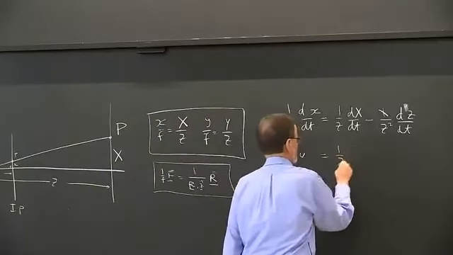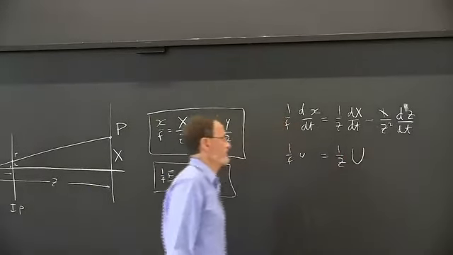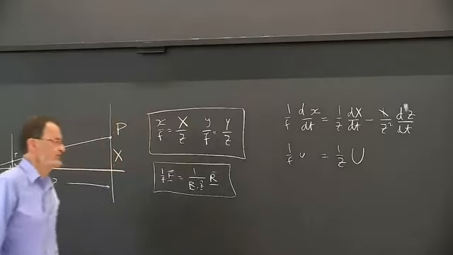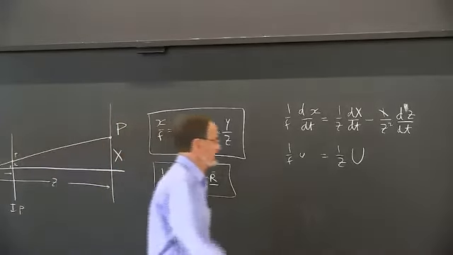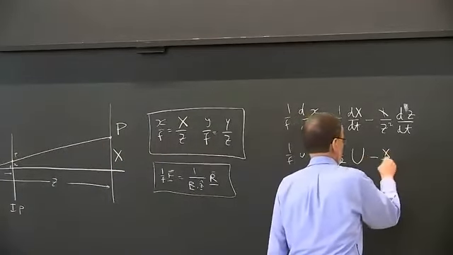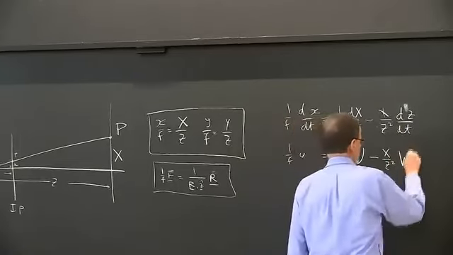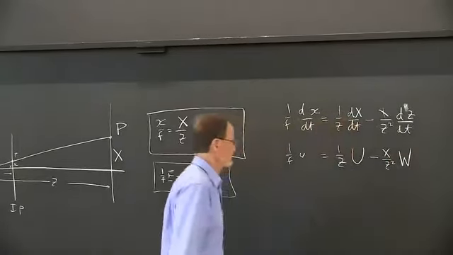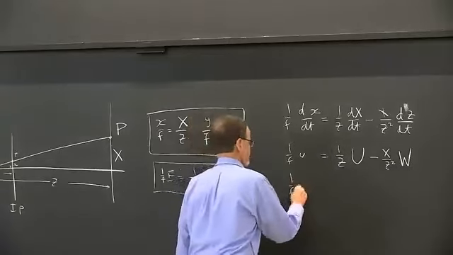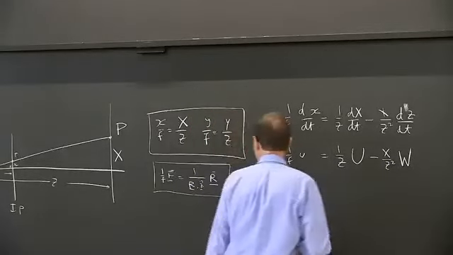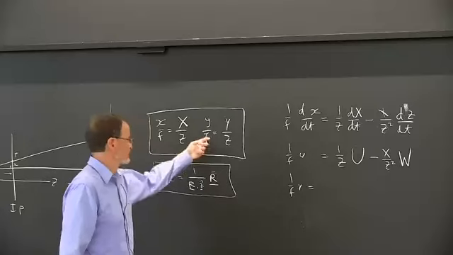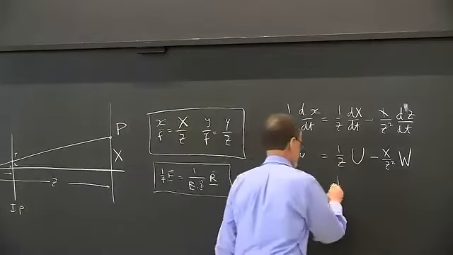And there's a velocity in the real world in the x direction, which I'll call big U. And then we have a velocity in the real world in the z direction, which I'll call W. So that looks a little bit less scary. And of course, I can do the same in the y direction. So apply the same idea over here.